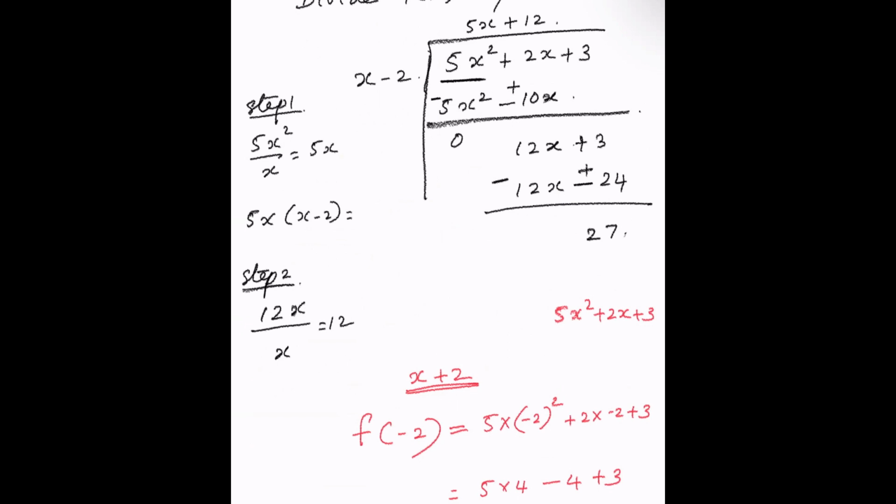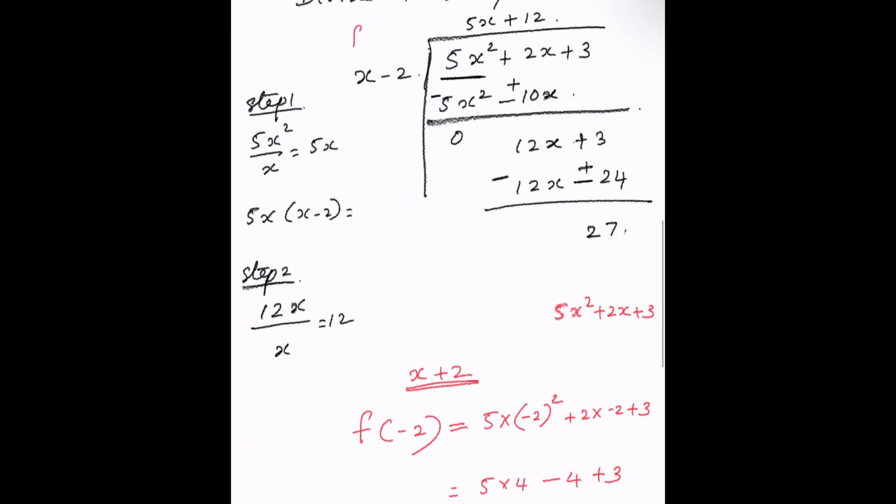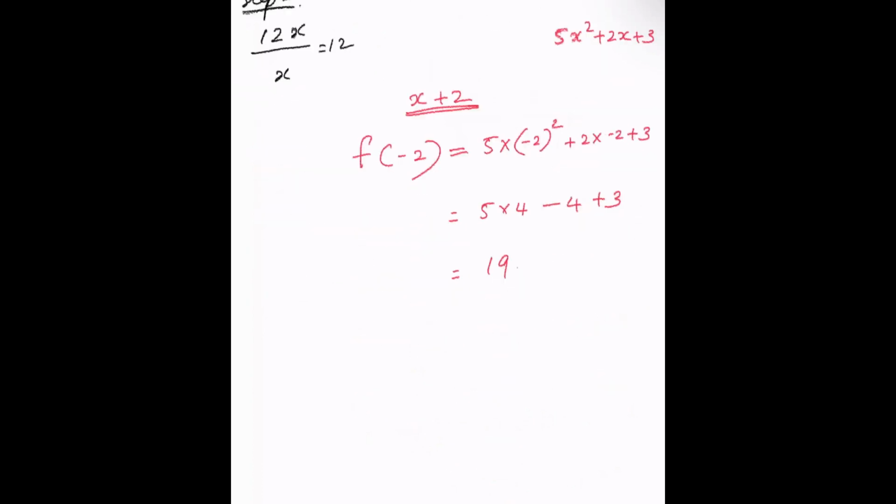I can find it out if I just do f of 2. Now, if I do f of minus 2, I will get the remainder when dividing the polynomial 5x square plus 2x plus 3 by x plus 2.